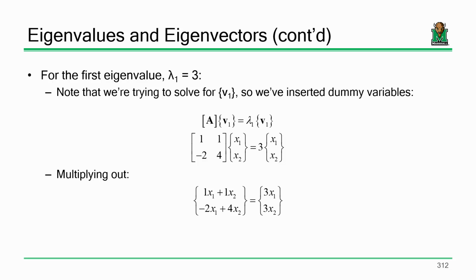So A times V equals 3 times V, right? Distribute on the right, it's just 3 times x1, 3 times x2. Everybody okay? Now, what about matrix multiplication on the left? Well, it's 1 times x1, 1 times x2, and that's how we get this. On the bottom, negative 2 times x1, 4 times x2. Sum them up.